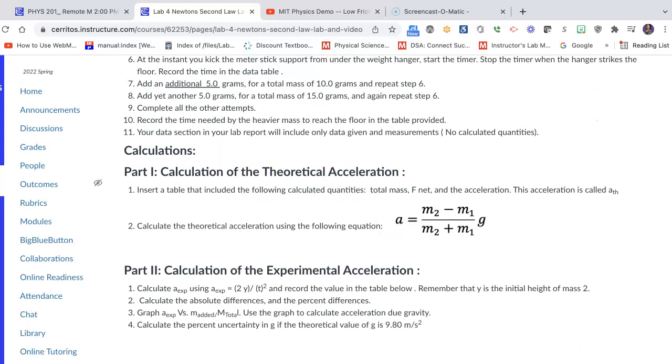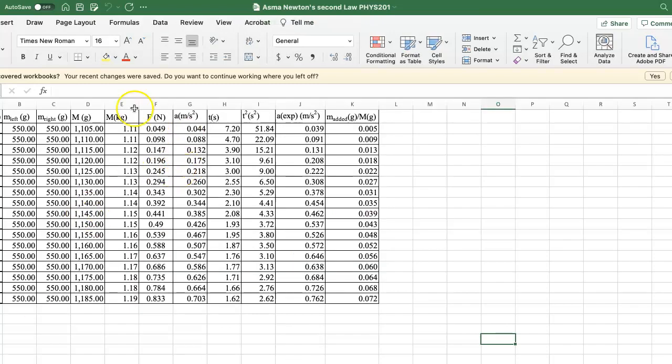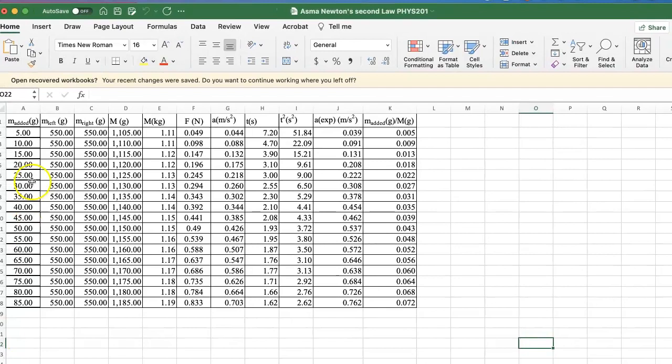And now I'm going to share with you my Excel file where I did that work. This is where I listed all my added masses. We said we're going to add 5 each time, so it's going to be 5, 10, 15, 20, 25, 30.